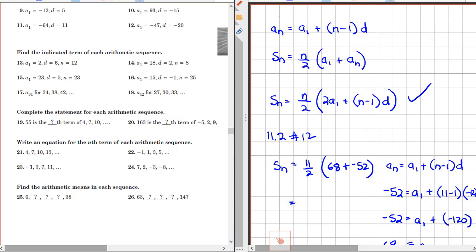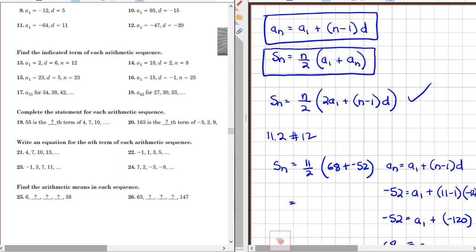So this one relates just individual terms, right? This one gives us the sum of the terms, but I need to know the first and last term, don't I? This is also a sum, but this one doesn't need the last term, but that's okay.